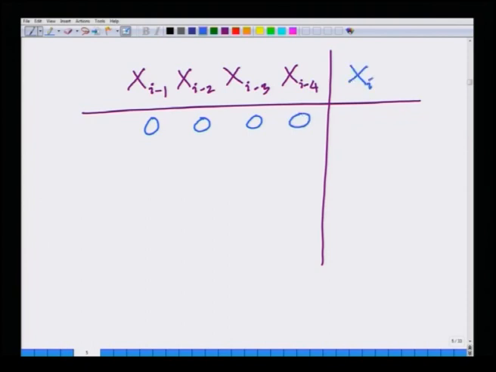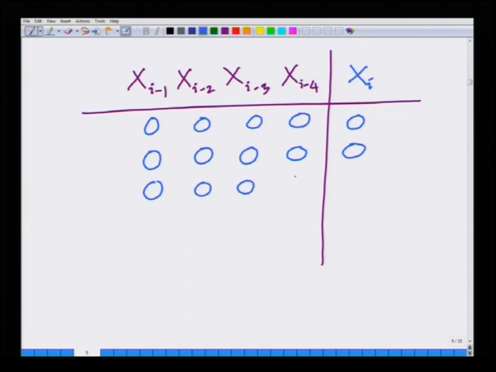Now xi is xi minus 3 XOR xi minus 4, which is 0 XOR 0, which is 0. Now in the next cycle, xi will become xi minus 1 which will become 0, xi minus 1 will become xi minus 2, which is 0, 0, 0, again xi is 0.